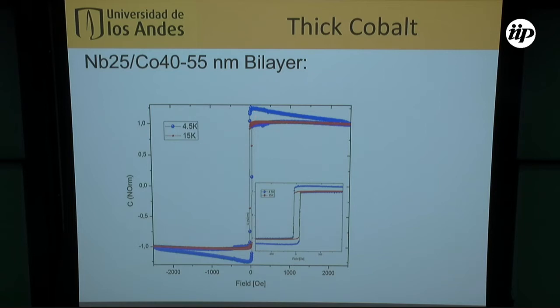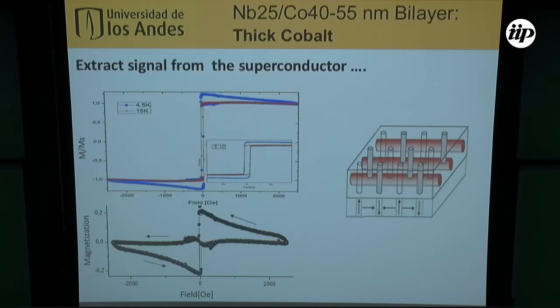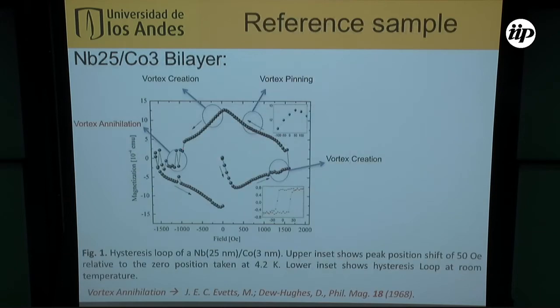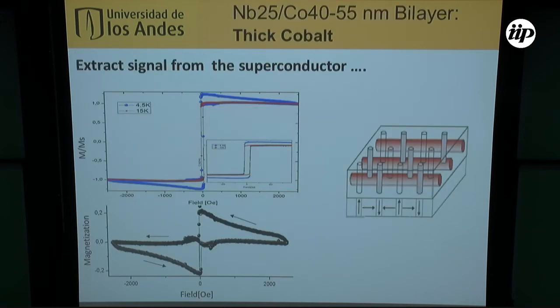You subtract these two signals the same way as Kobayashi did in his work, and you essentially get only the response of the superconducting layer. What you would expect is this kind of thing. However, you get this kind of behavior. Here is just the response of the superconductor due to the presence of the ferromagnet.